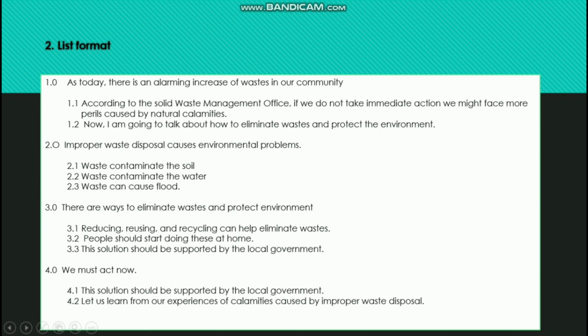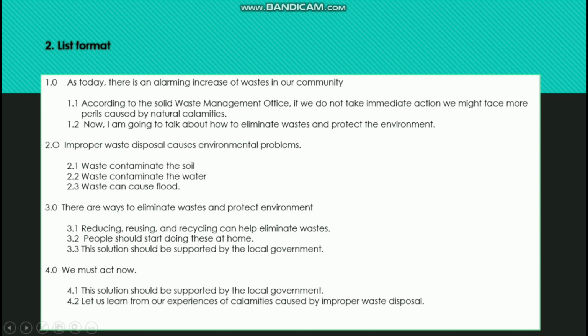People should start doing this at home. This solution should be supported by the local government. We must act now. Let us learn from our experiences of calamities caused by improper waste disposal.